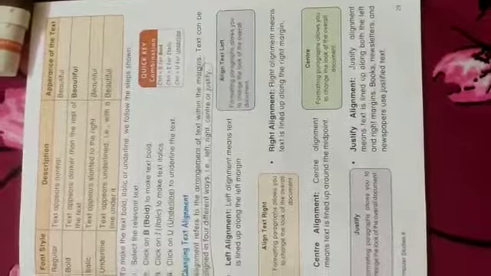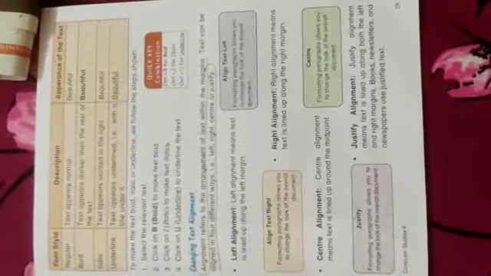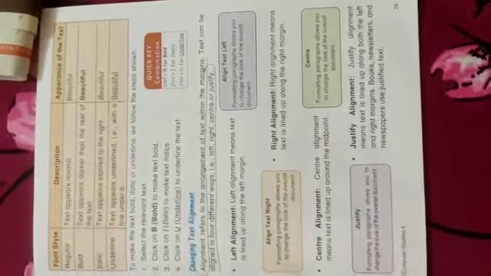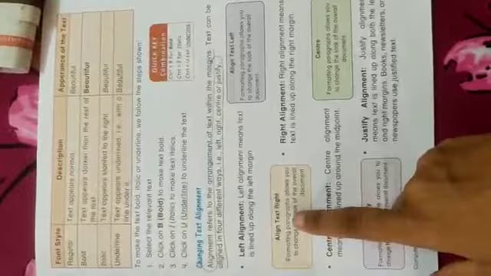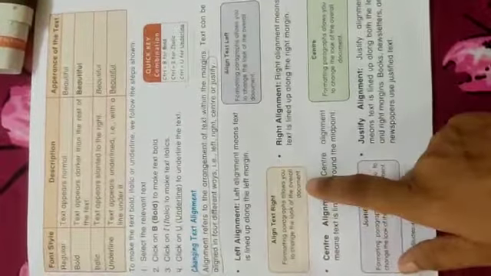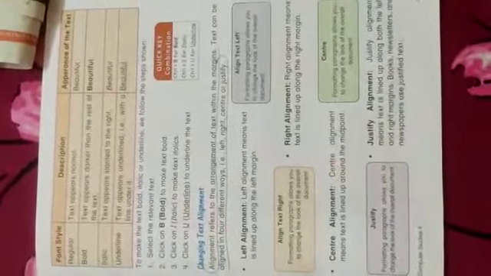Then the left alignment, the right alignment. Right alignment means text is lined up along the right margin. Formatting paragraph allows you to change the look of the overall document. You can format the paragraphs anytime how you want to put, either from the left side or from the right side or from the center.